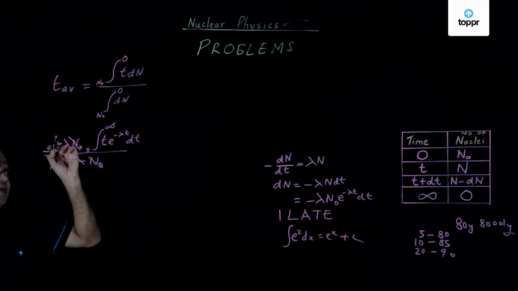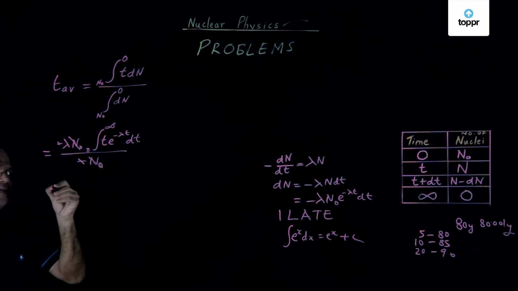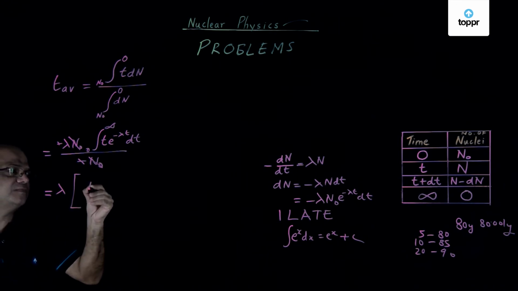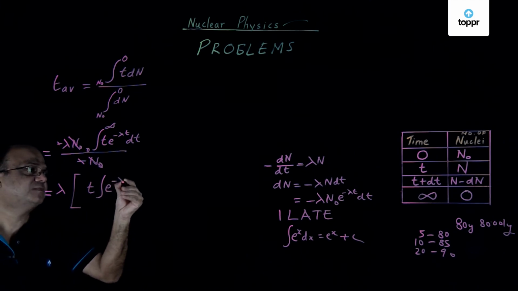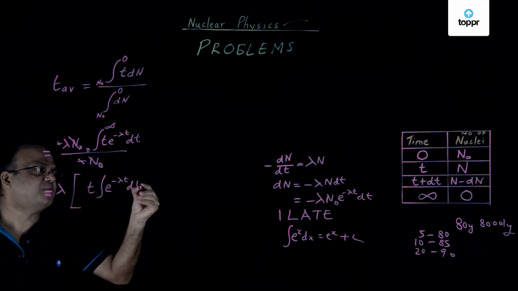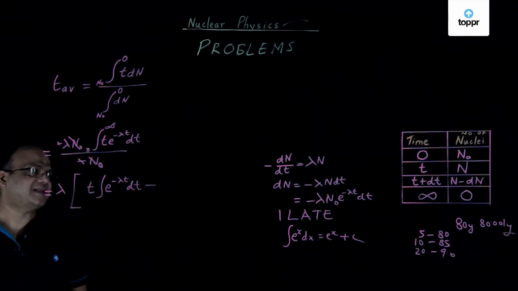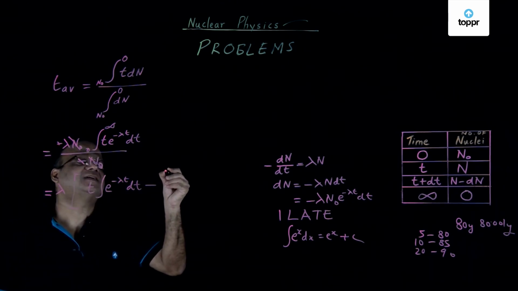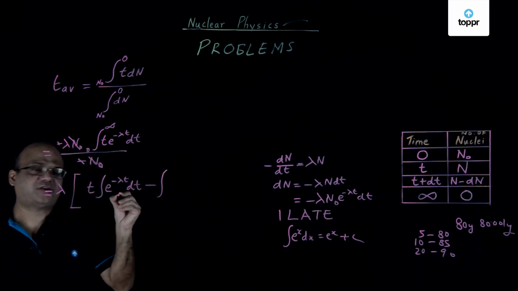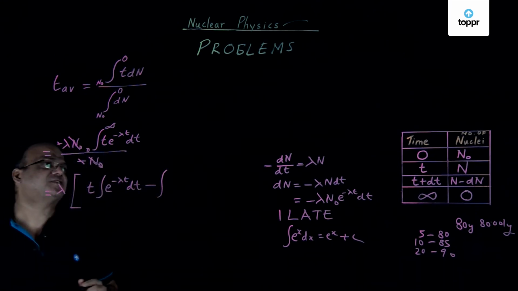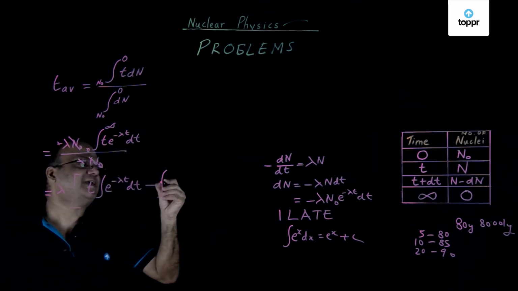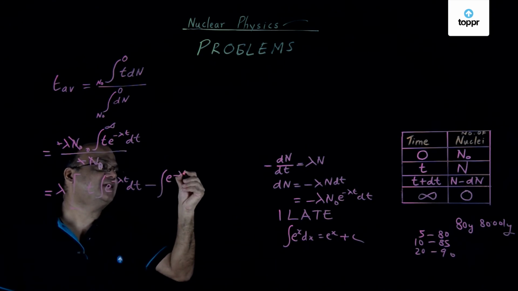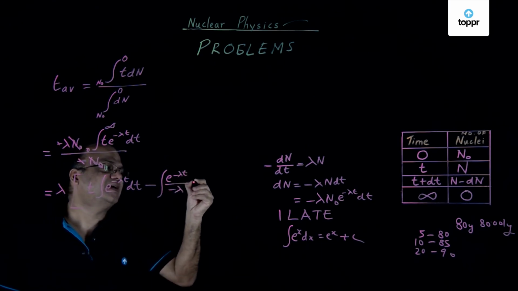Now, we'll integrate this by parts. Integration by parts is, we write the first function, multiplied by the integral of the second function. Then we put a minus sign. Then we integrate the product of differential of first function, which is 1, multiplied by integral of second function, which will be e to the power minus lambda t by minus lambda dt.